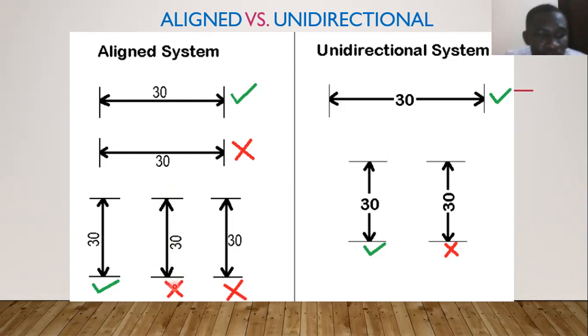So this is essentially the same as this. These two are correct. But this one is wrong because the writing of the 30 is perpendicular to the dimension line.